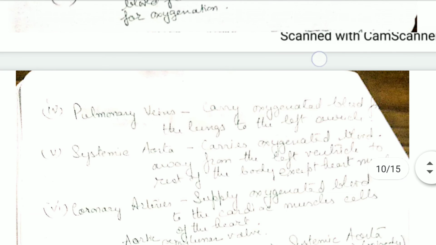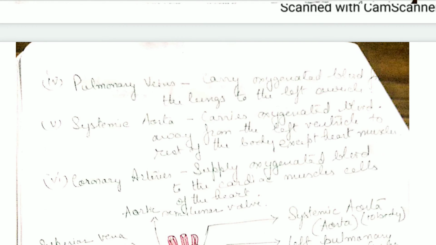Then the pulmonary veins carry oxygenated blood from the lungs to the left auricle. Now we come to the systemic aorta, or simply aorta, which carries oxygenated blood away from the left ventricle to the rest of the body except the heart muscles, which is taken care of by the coronary arteries.